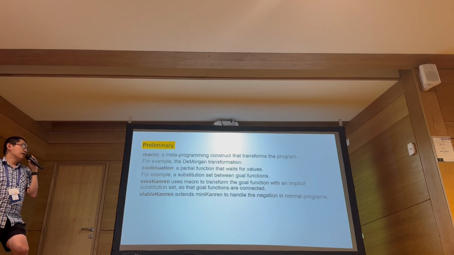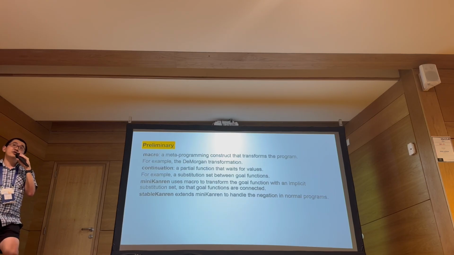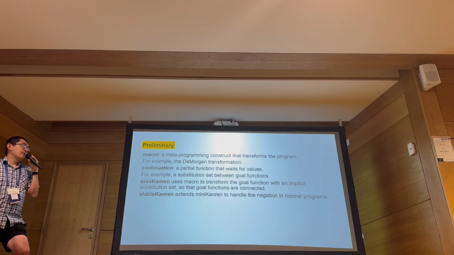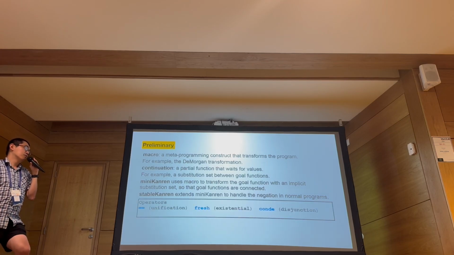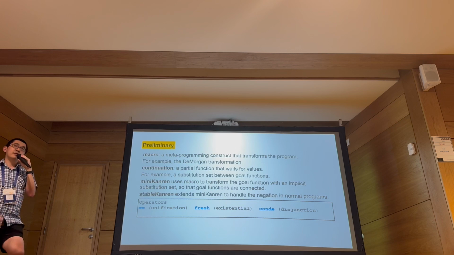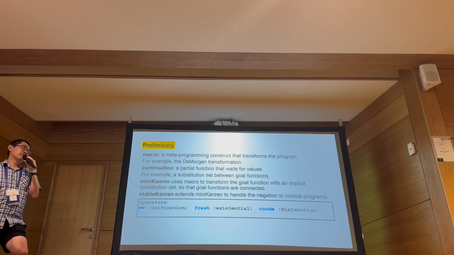Then stableKanren, based on this, extends miniKanren to handle negation in normal programs. These are the operators provided in miniKanren. Rafi already introduced them: the equal sign for unification, fresh to introduce temporary logic variables, and conde to represent the disjunction.